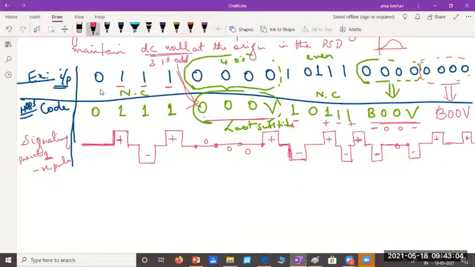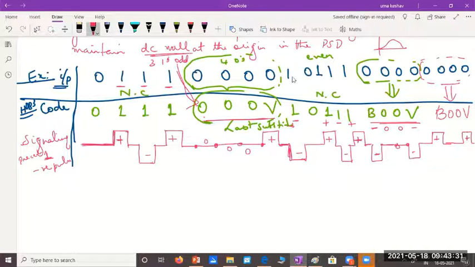First thing you should remember, count how many ones have occurred. Let me assume this was the position of the last substitution. After the last substitution, from here I'm counting how many ones have occurred. If there were an odd number of ones, I'll replace it with 0, 0, 0V as the binary pattern.